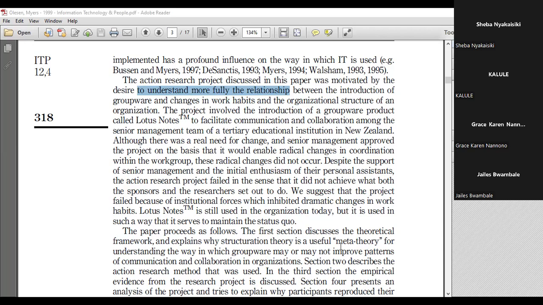Yes. You remember in last week's discussion, we said that if there is an assumed relationship, then that is quantitative.